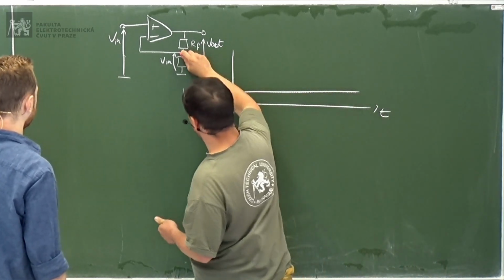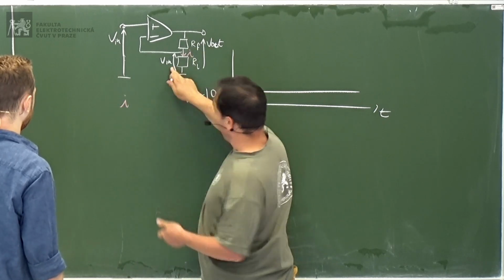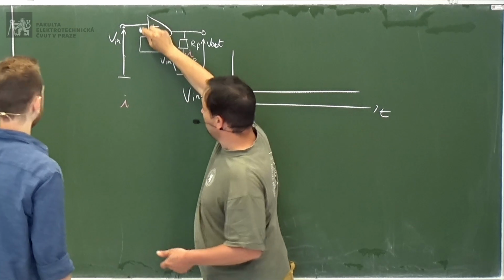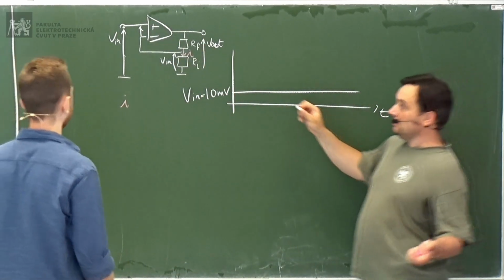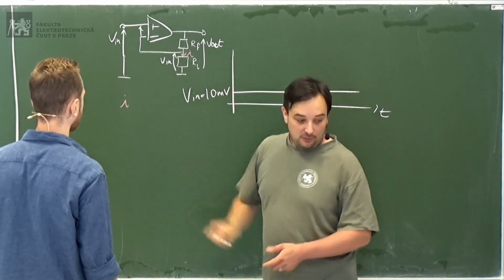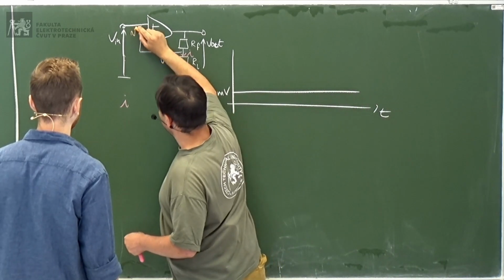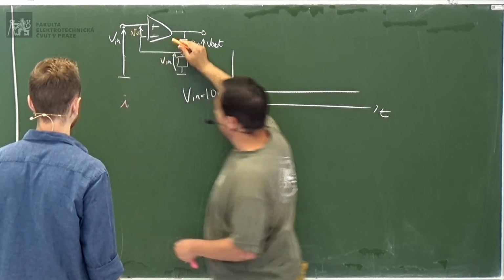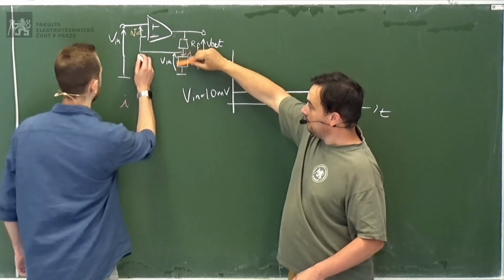The current here is V input. Let's say that we are at equilibrium already. We have gone through all our transient and arrived at equilibrium, so the voltage VD is really 0. This voltage here is 0.